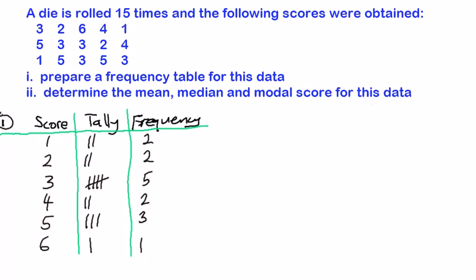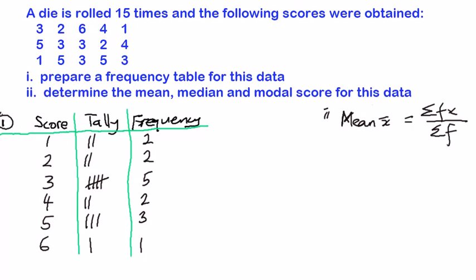Then question number 2, we are to determine the mean, that is the average score. Remember, the mean has the formula summation fx over summation f.